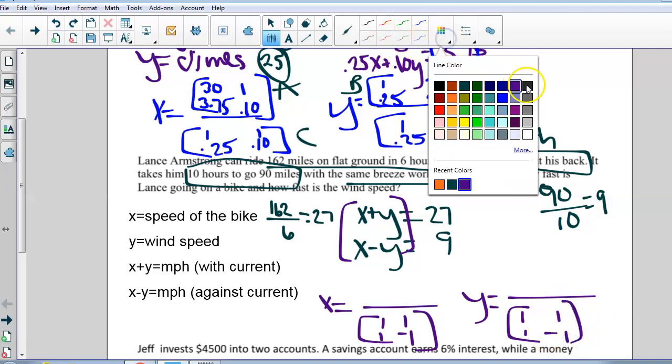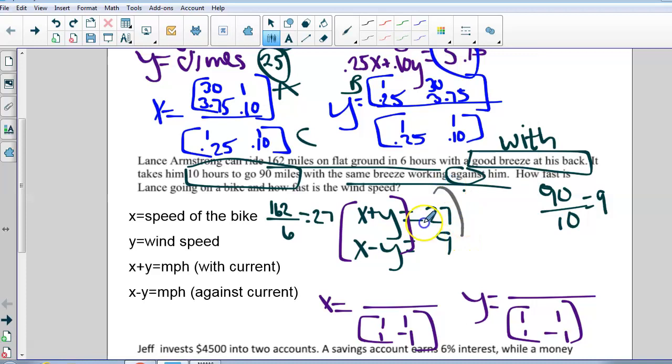At the top of my matrix, I'm going to have my 27 and 9 listed here. I'm going to have my 1 and negative 1. Again, this whole row should line up for my X's. And then I'm going to do the same over here. The first row should line up, so 1s and 1s with 27 and 9.